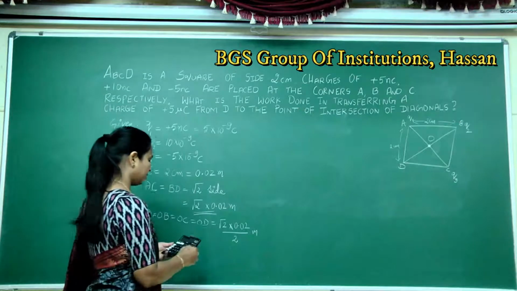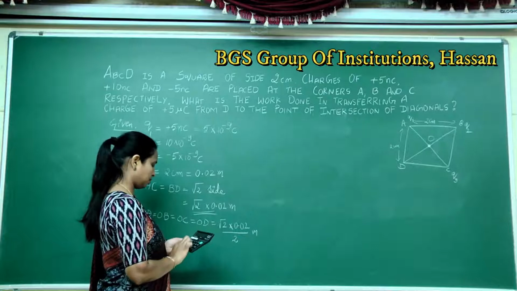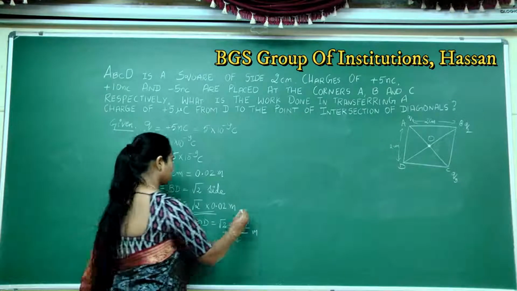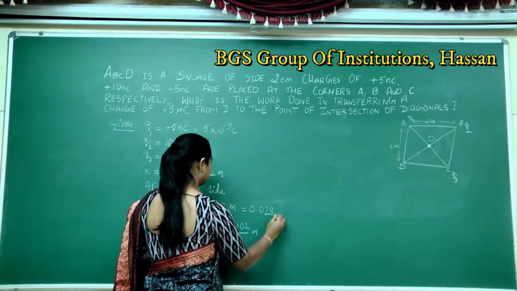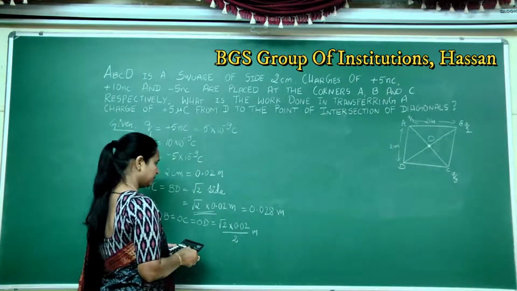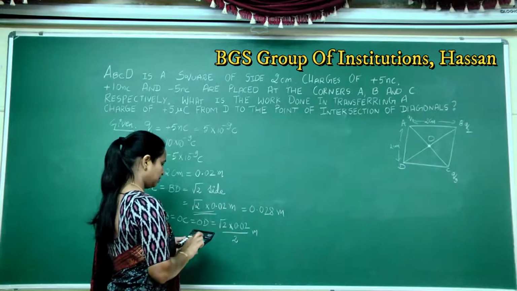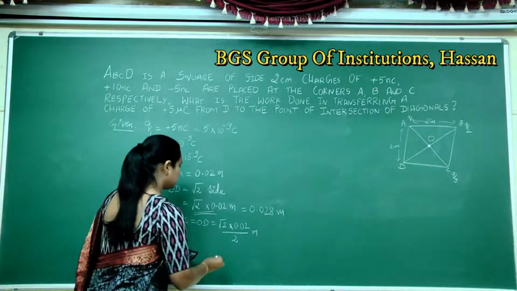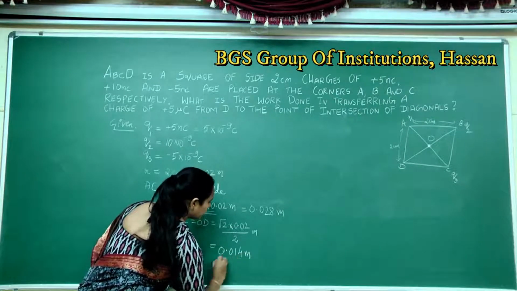Let me calculate the value. 0.028 meter. This is 0.014 meter.